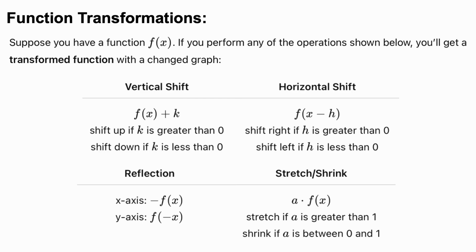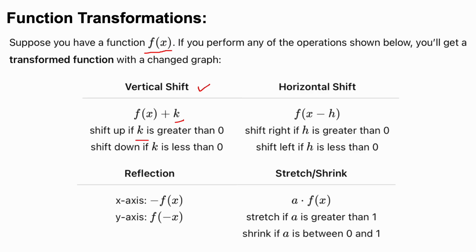All right. Let us talk about transforming functions. Suppose you have a function f(x). You can shift it, flip it, stretch it or shrink it, and every change creates a new graph. Let us look at a vertical shift. If you add a number k outside the function, like f(x) + k, that is a vertical shift.